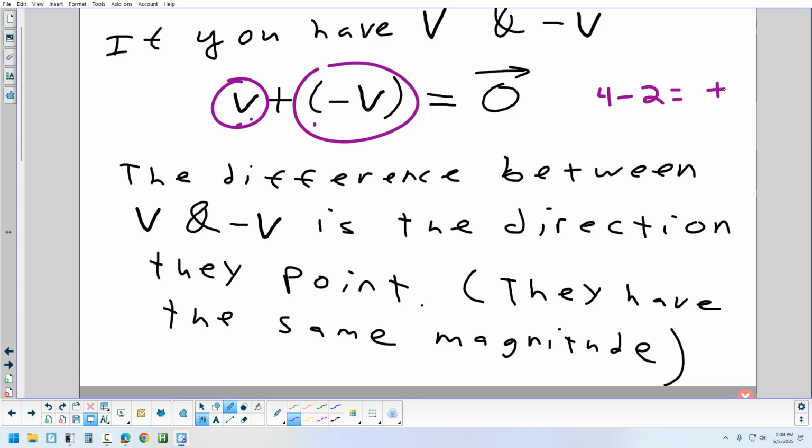You could think of it as 4 plus the opposite of 2. Everyone agree those are the same thing? That's exactly how we're going to do subtraction with vectors. Instead of subtracting a vector, you're going to add the opposite. Remember what opposite means. You're just going to flip the vector around.